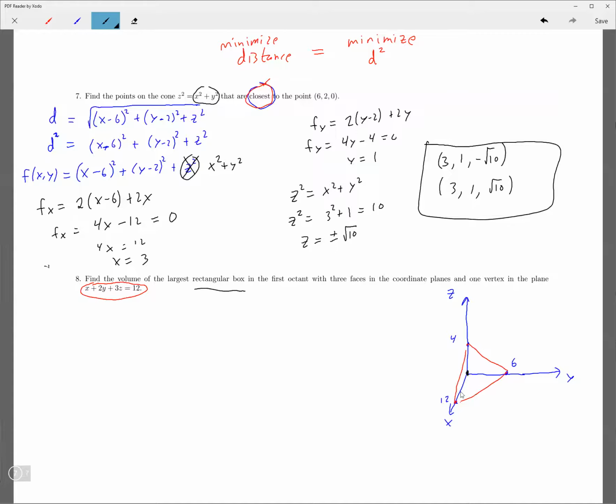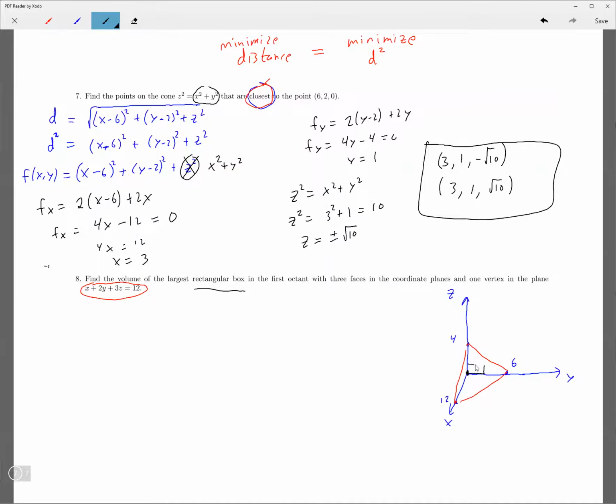One of the vertices of the box is going to be right here. And then the opposite vertex is going to be touching the plane. Okay? So the box is going to be something like this, and it'll come out, and it'll touch the plane somewhere.